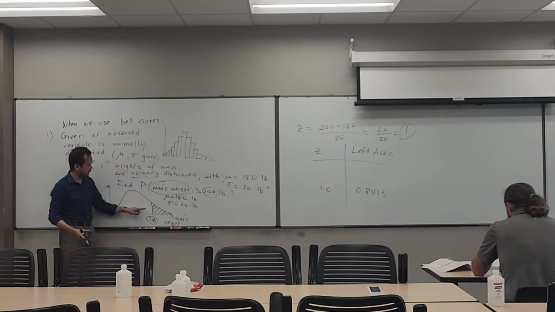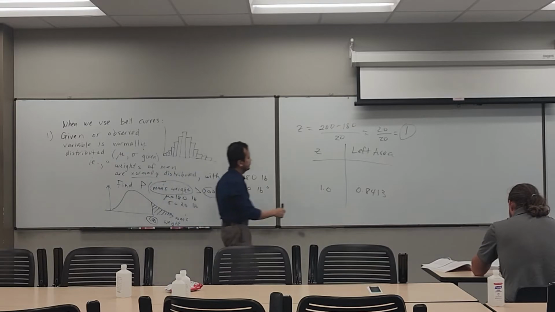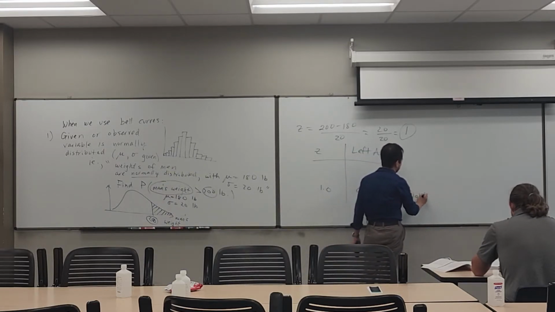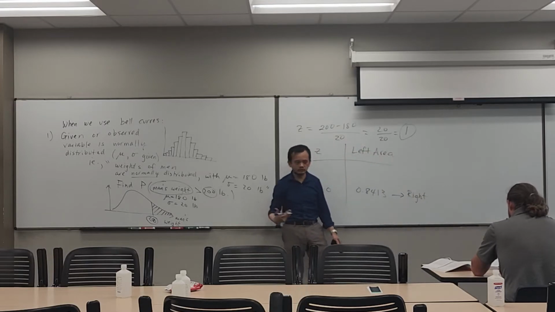Recall in this case, we want the area to the right of that z-score, not the area to the left. So how do we get the right area? Subtract that from 1, because the total area under the probability distribution will be 1.